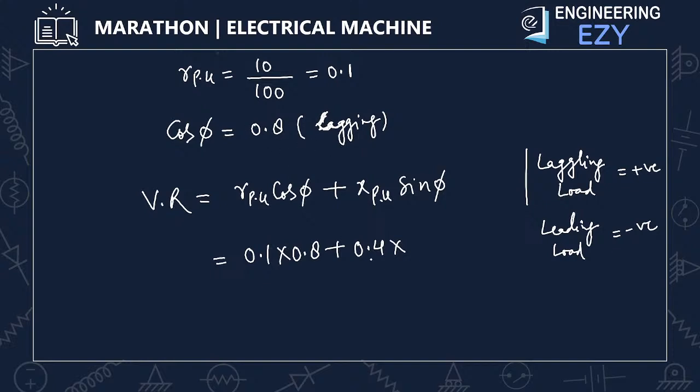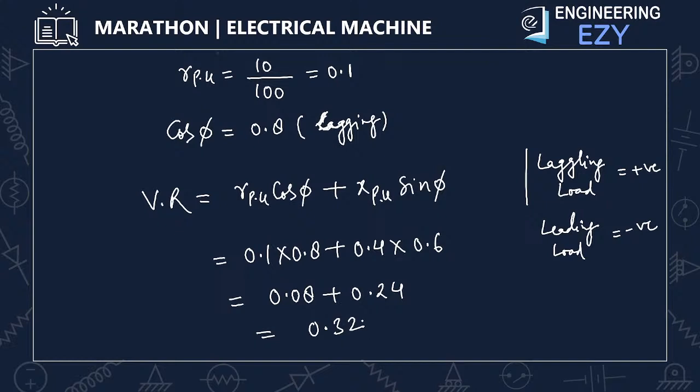If cos phi is 0.8, sin phi is 0.6. So it is 0.08 plus 0.24. If you add, you get 0.32.